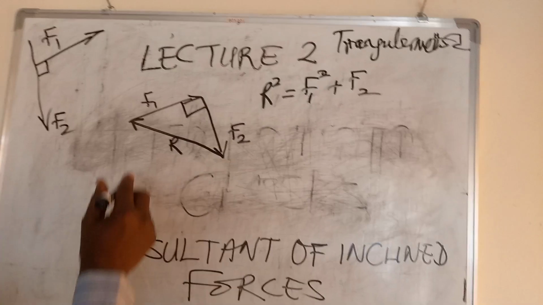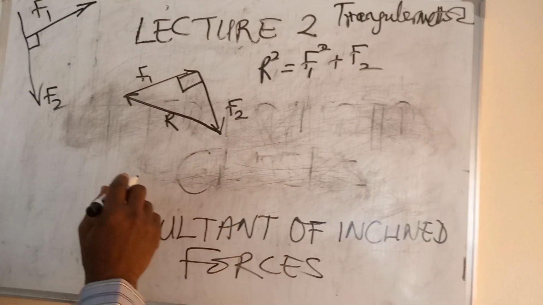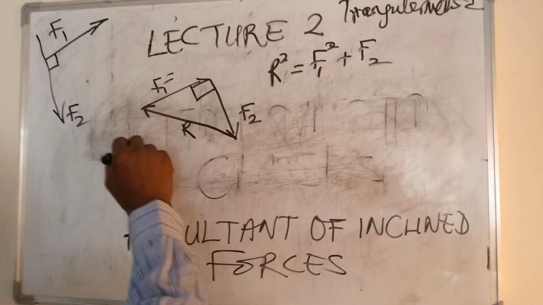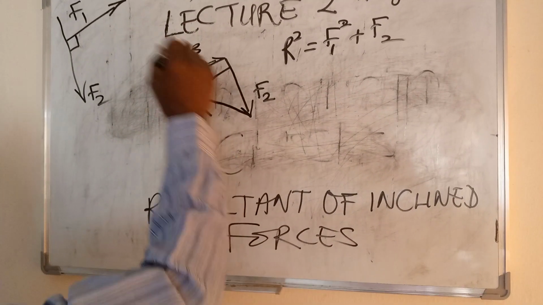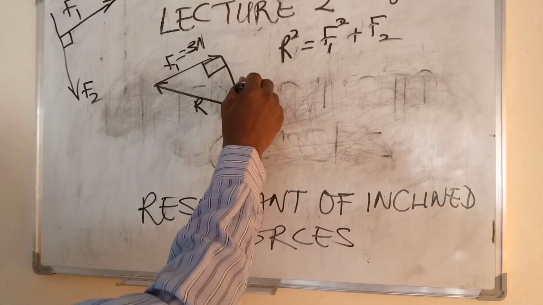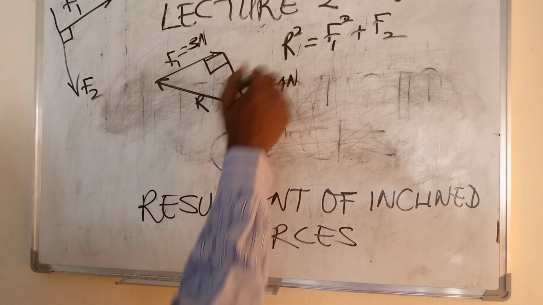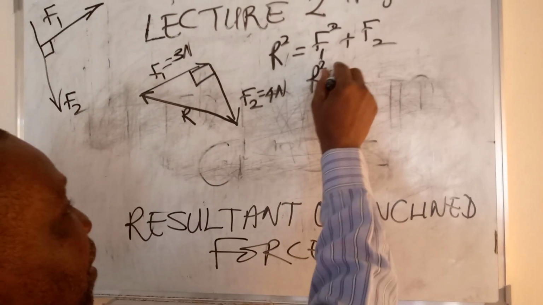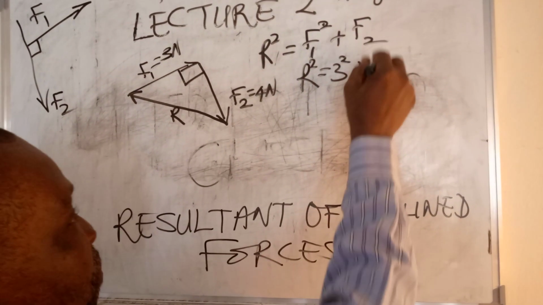Now, take for instance that F1 is equal to 3 newtons and F2 is equal to 4 newtons. Then R squared becomes 3 squared plus 4 squared.